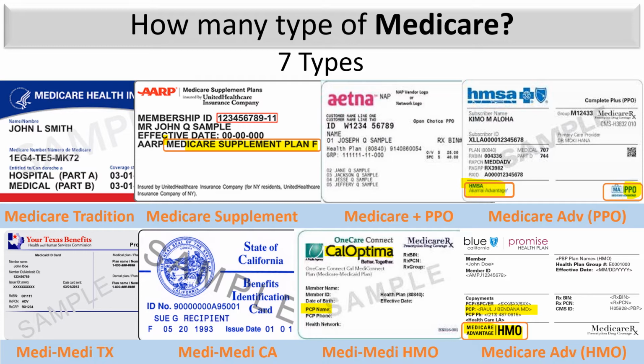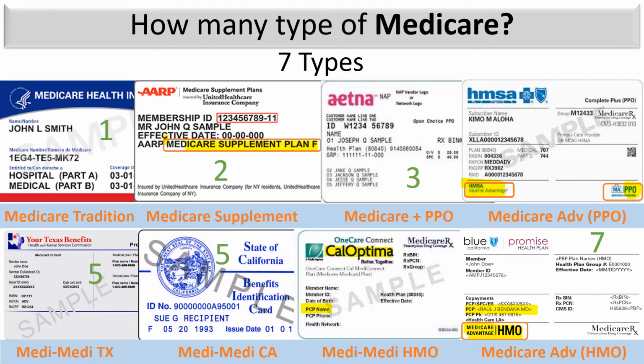So 1 is Medicare traditional, 2 is Medicare supplement. It stays the same, and I add number 3 in on the slide.